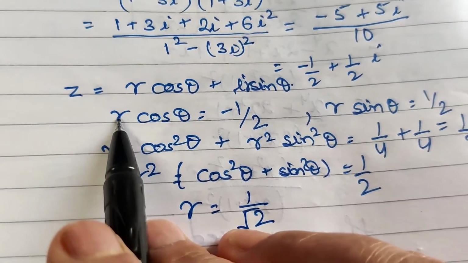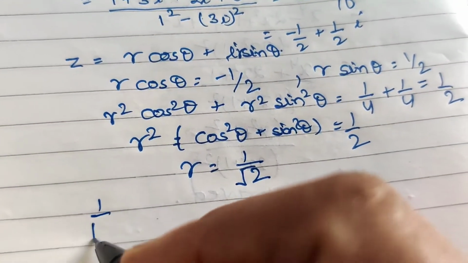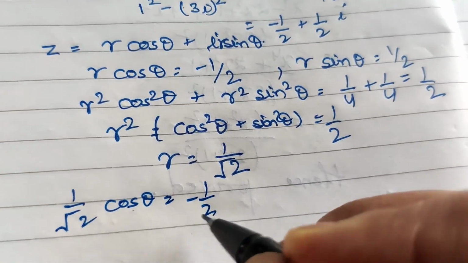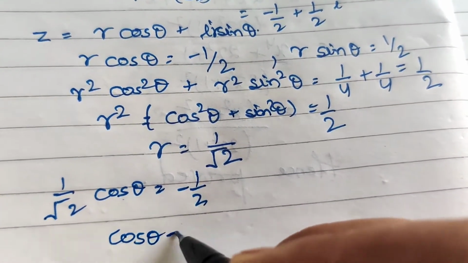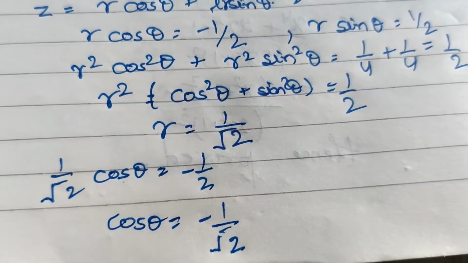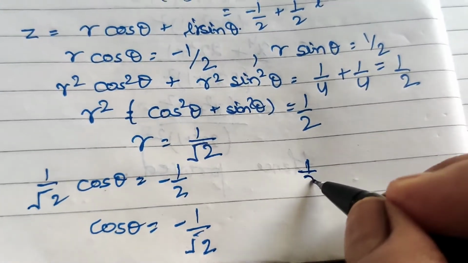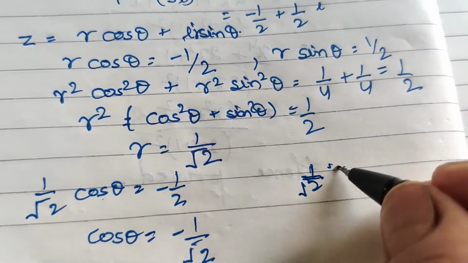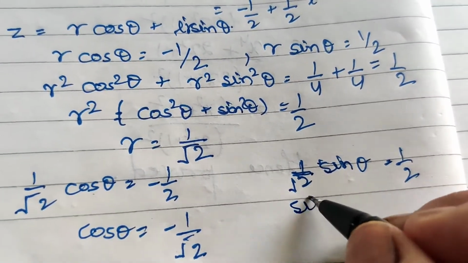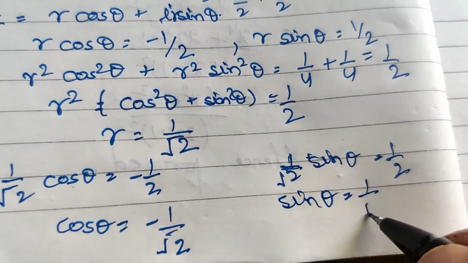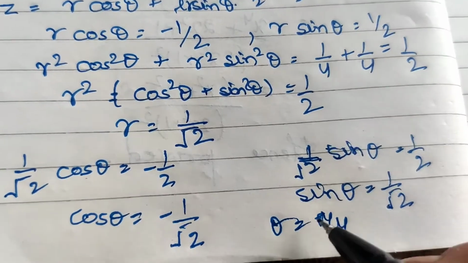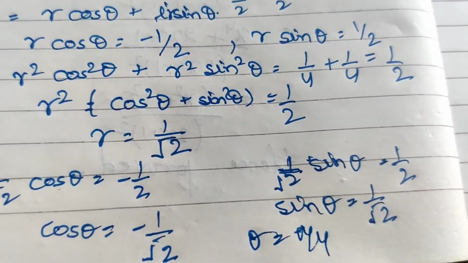Now just put the value of r in this. 1 by root 2 cos theta equal to minus 1 by 2, so cos theta equal to minus 1 by root 2. And the same way, sin theta equals 1 by root 2. It means theta is pi by 4 as a reference angle.